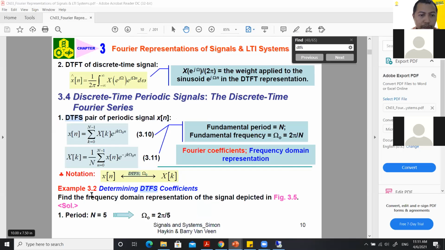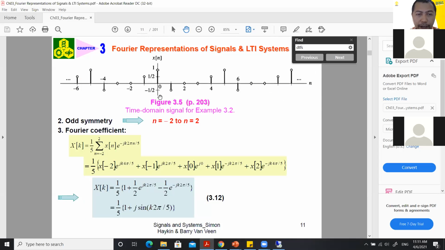Example 3.2, please determine the discrete time Fourier series coefficients. It means that we have to transform the signal from the time domain to the frequency domain, from figure 3.5. You can see here figure 3.5.